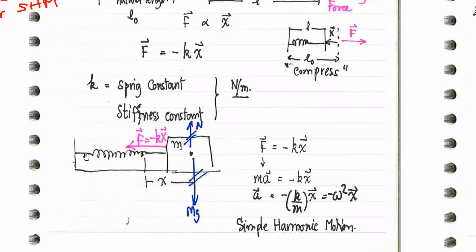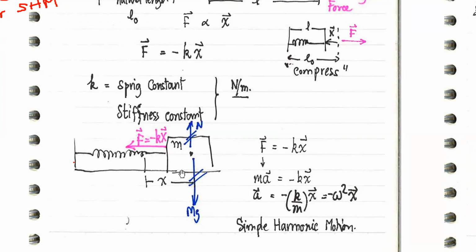So if we have a spring connected to a mass on horizontal frictionless ground, and frictionless means smooth, the weight and the normal force cancel each other because the mass is sitting on the ground.